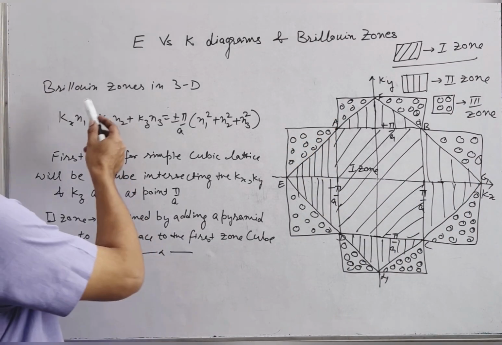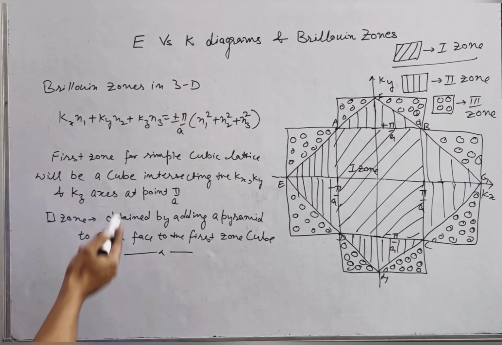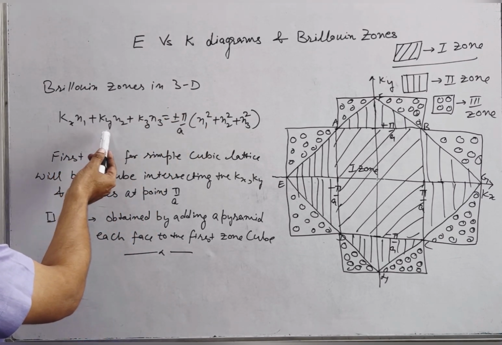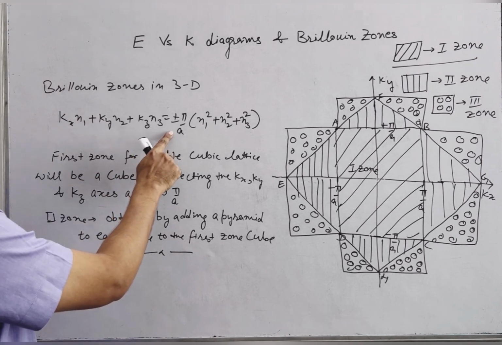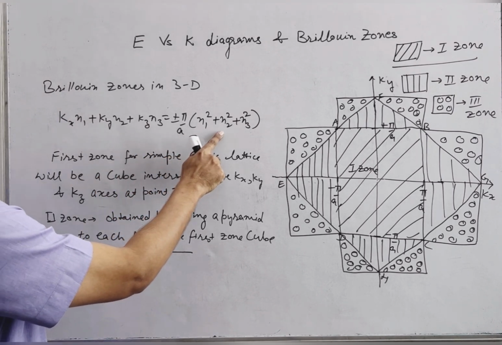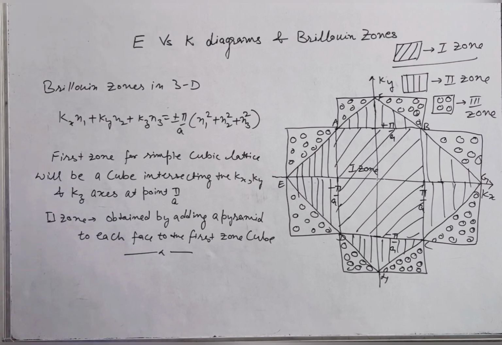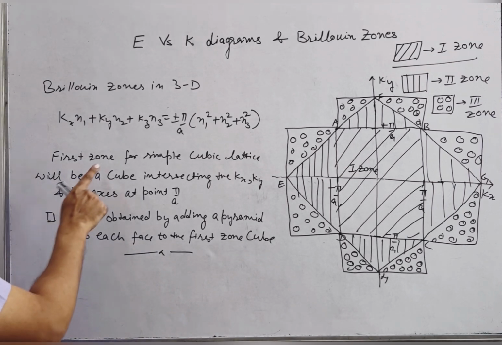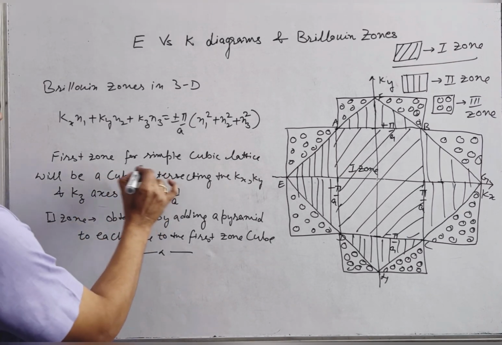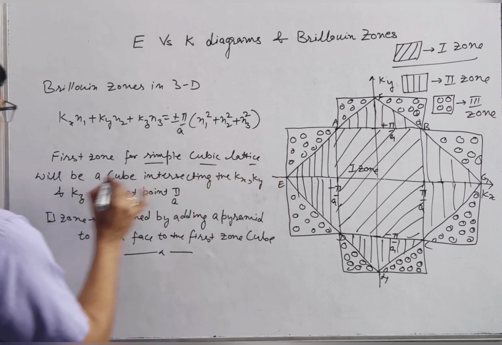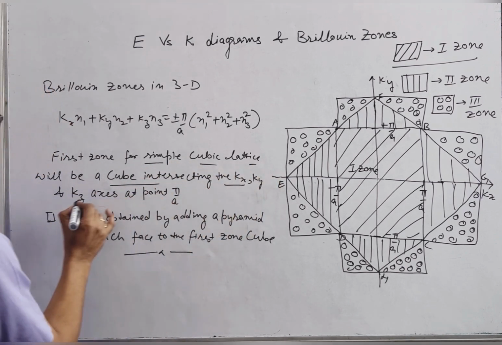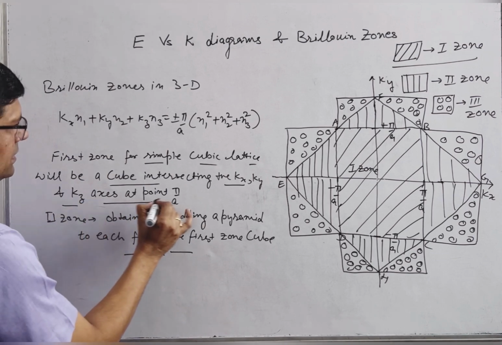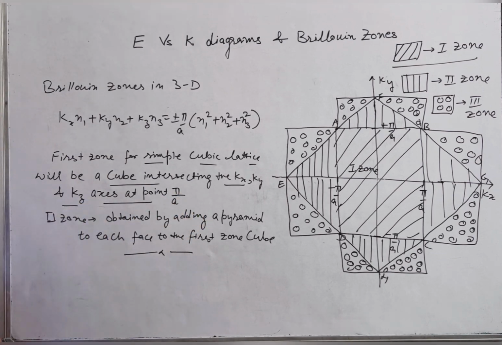Similarly, we can obtain the Brillouin zone in three dimensions by the equation kx n1 plus ky n2 plus kz n3 equal to plus minus pi by a times n1 square plus n2 square plus n3 square. In this, the first zone for a simple cubic lattice will be a cube intersecting the kx, ky, and kz axes at pi by a.